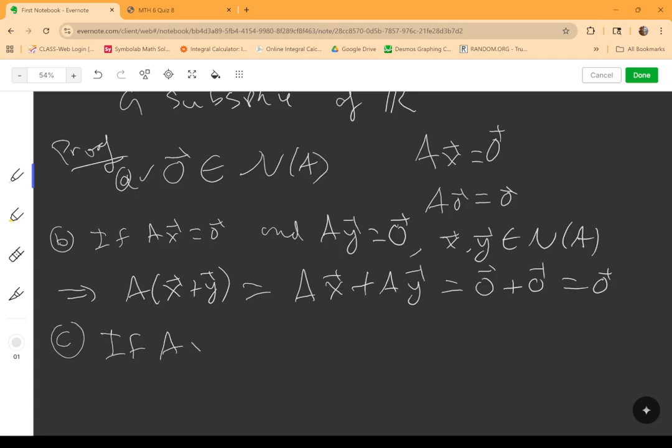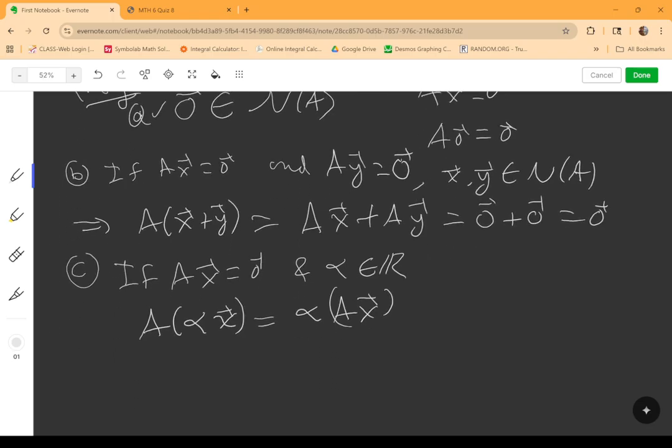The third one is: is it closed under scalar multiplication? Again, if Ax is equal to 0 and alpha is a real number, let's take a look at A times alpha x. Since alpha is a scalar, we can use properties of scalars and rewrite this as alpha times Ax. Ax is equal to the zero vector by assumption, and multiplying the zero vector by a scalar, by vector space properties, gives me back the zero vector.